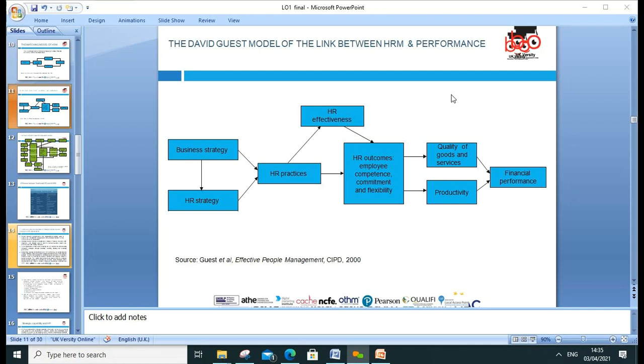We need to set HR practice within our organization and then HR effectiveness, how effective the HR department is. So if you have staff retention, yes, you look around staff retention, you look around productivity, yes. So you have to look around your appraisal system in our organization.